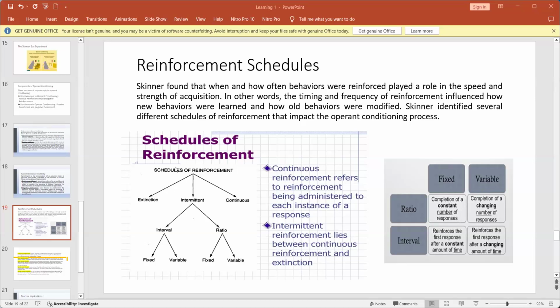So if you say fixed interval intermittent reinforcement schedule, it may be every last Friday of the month. You're going to check their library card and the number of books that the child reads, and accordingly give them a reward.